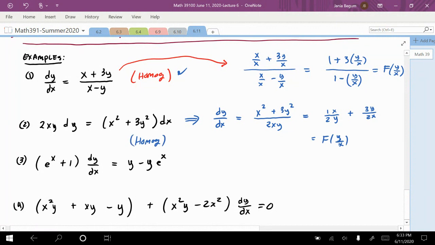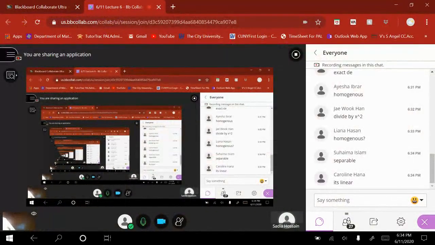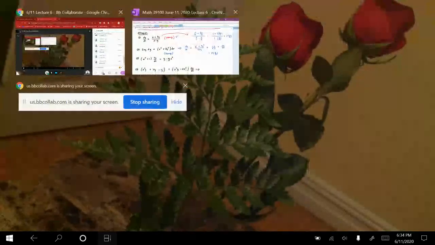What about number 3? Let's play around with number 3. What can we say about number 3? So Suhai Mayu says separable and Carolyn linear and Sadia separable.